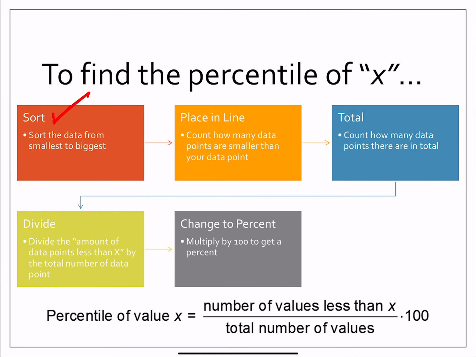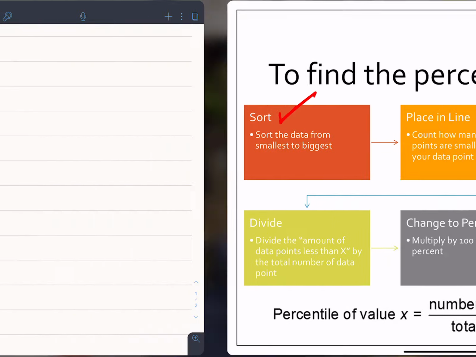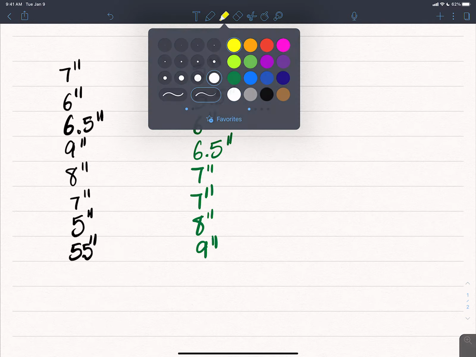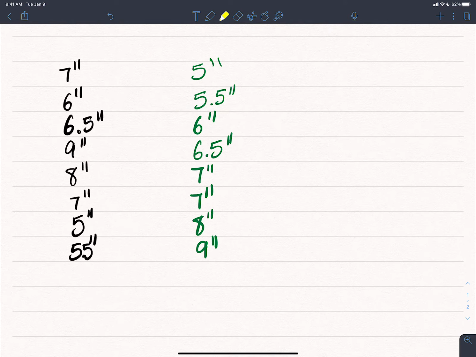Step 2, our place in line. So now here's the question. Which of these data points is it that we care about? Well, our child's head was 6.5 inches. Right? That was our child's head was 6.5 inches. And we wanted to know what percentile that put our child in.